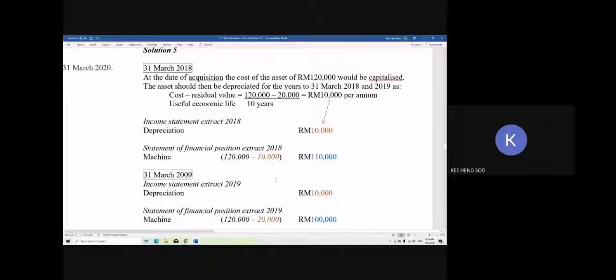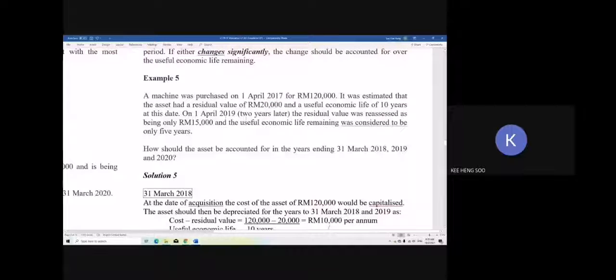The question says 2 years later, the residual value was reassessed, and the life is also 5 years. Change the useful life, change the residual value. Initially it's supposed to be 10 years.